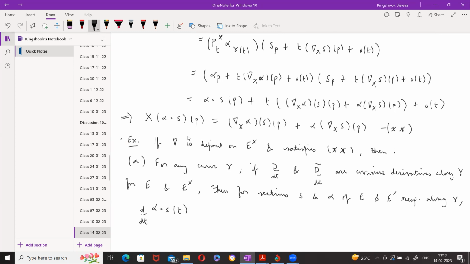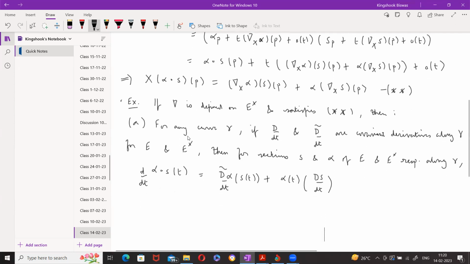This is going to be D tilde dt of alpha, so that's a section of E star along gamma, applied to S, plus alpha applied to DS dt. Okay. So the covariant derivative along curves satisfies the Leibniz rule if the connection satisfies the Leibniz rule.